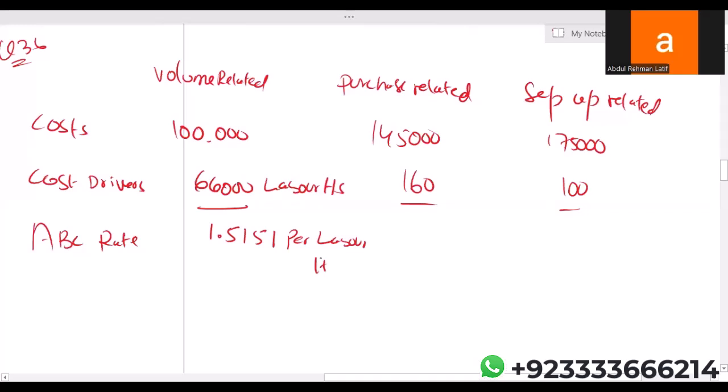Now 1,45,000 divided by 160. I'm getting 906.25 per purchase order. Per setup, 1,75,000 divided by 100 is 1750 per setup.